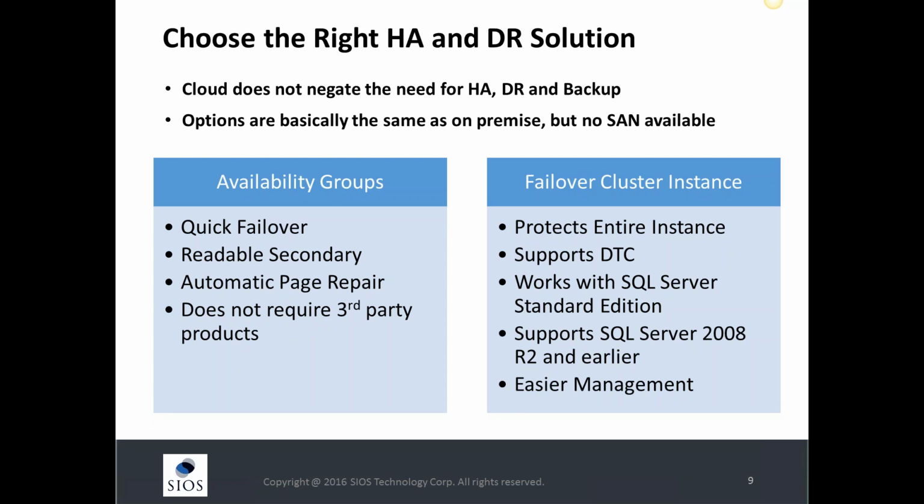So when a database switches over, it usually does it quicker than a failover cluster instance because you don't have to start SQL. It does have the benefit of a readable secondary, so you can use your passive instance to do reporting or to take a backup, and so you're not impacting the production.